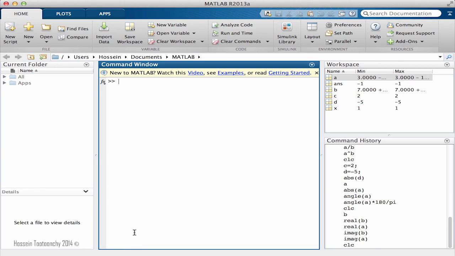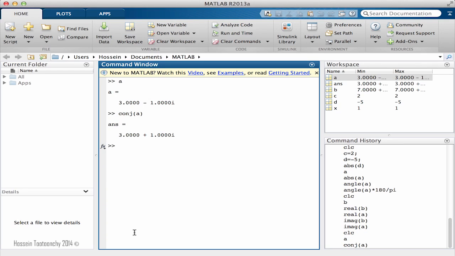One more function that I would like to talk about here is conjugate, the complex conjugate. If I have a, you know that the complex conjugate is the same number, but with a different sign for the imaginary part. So if I say conjugate of a and hit enter, you see that the same thing is returned, but with the different sign.